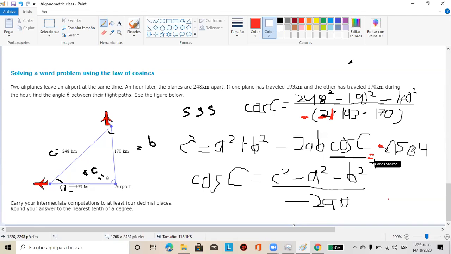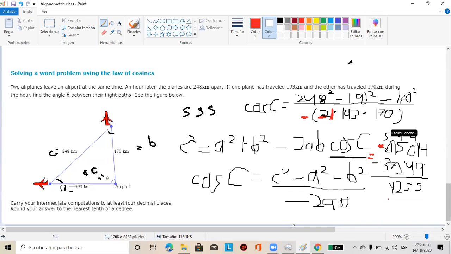Then 193 squared is 37,249. So let's solve this.